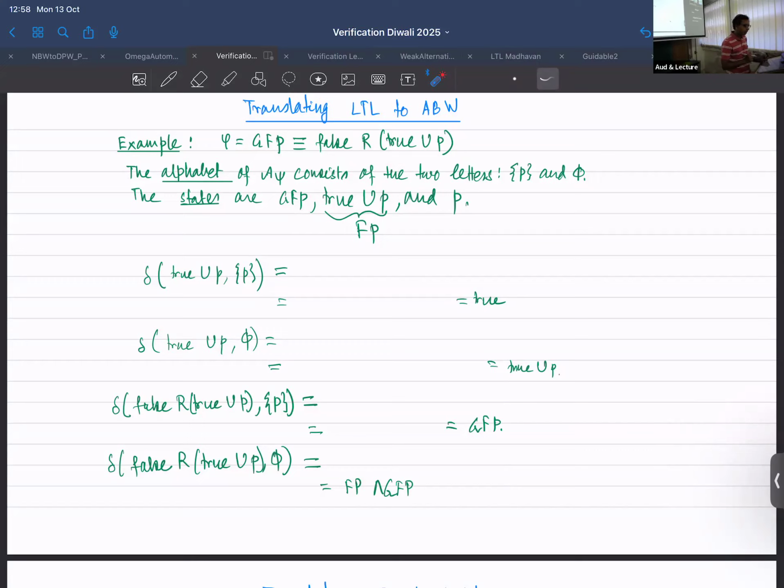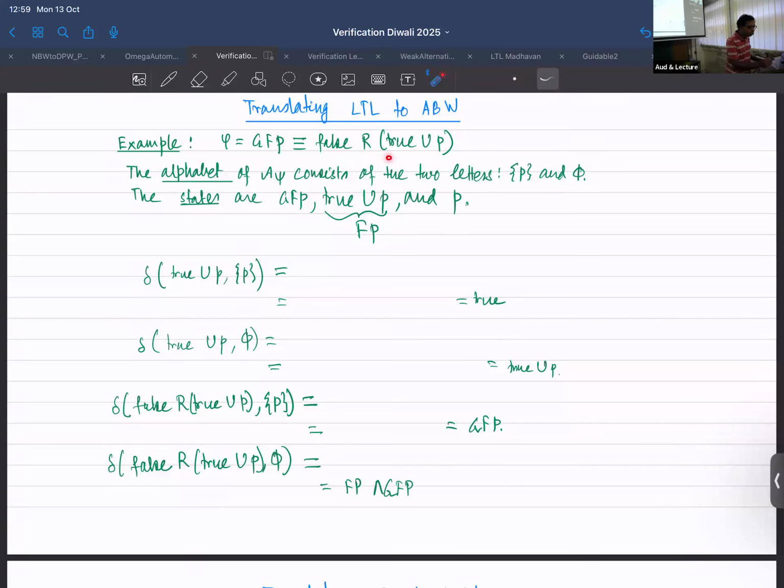Now, what are the formulas in the closure? You have the whole formula GFP. You also have false and true, which we don't always explicitly add.